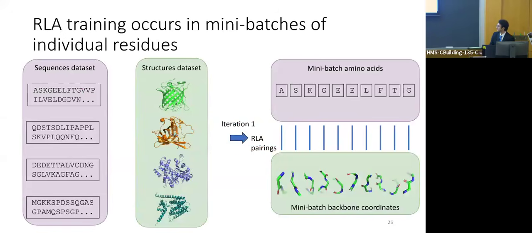And that looks like this. We're still going to have our structure and sequence data sets, but now we pull out an individual protein, chop up its structure into the individual residues and its sequence into the individual residues, and ask whether RLA can pair those instead of pairing whole sequences and whole structures.